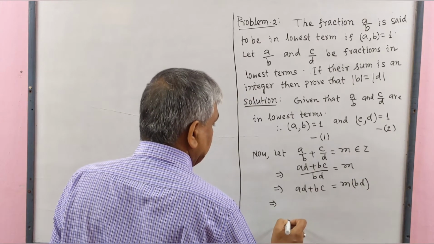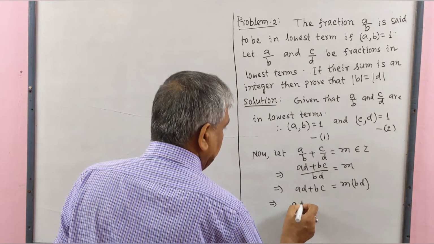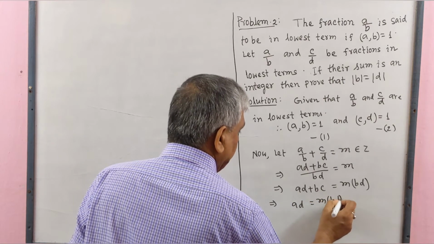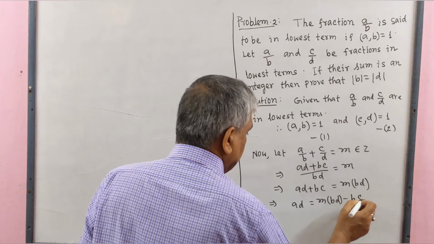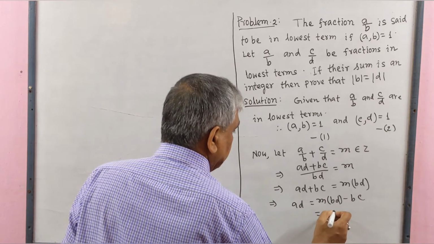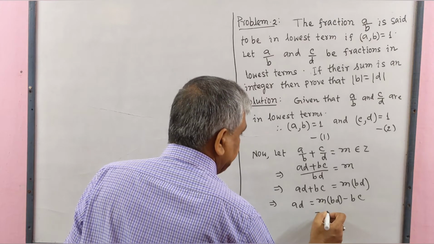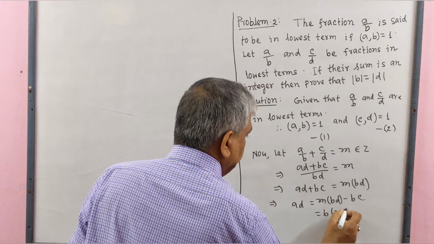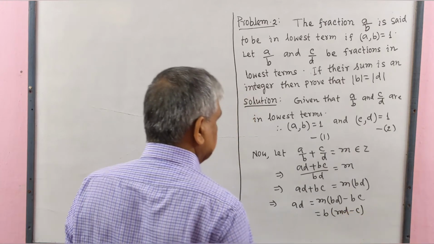Implies that ad equal to mbd minus bc. This equal to, we may take common b, b times md minus c.